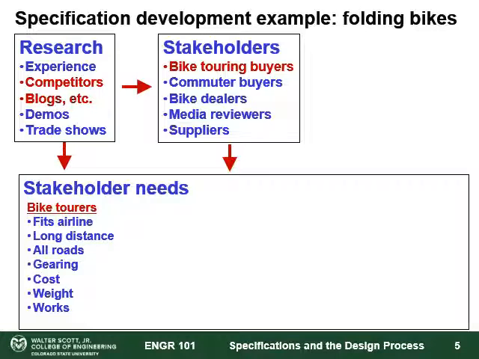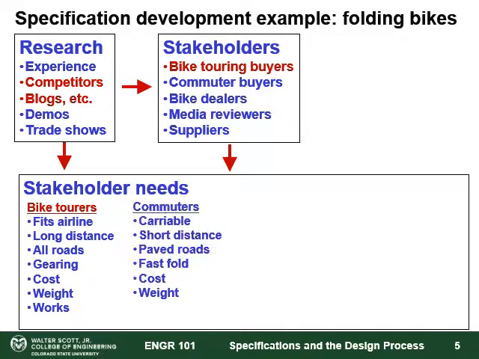They care about whether it meets the airline requirements for checked luggage, whether you can ride the bike over a long distance, so typically 50 to 100 miles per day with luggage, that it would work on any kind of road, both paved and dirt roads, that it has the right gearing to go up and down hills, that it is at an affordable price, that the weight is reasonable in comparison to other solutions, and that fundamentally this folding bike works as well as a non-folding bike.